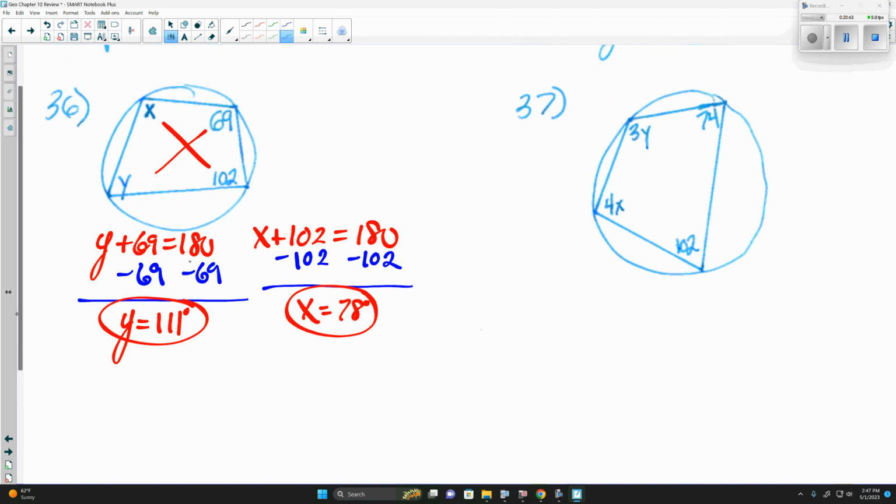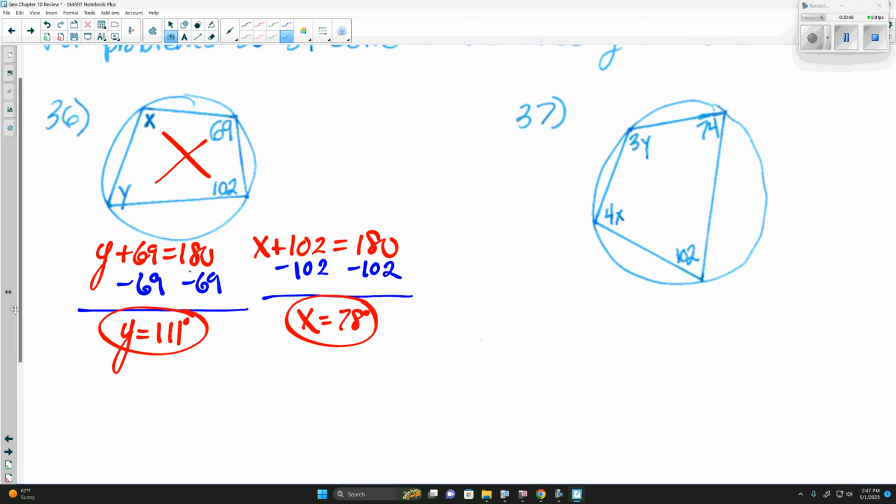Any questions on this here? Any questions on 37? We good? Feel good about these here? Because 37 would be the exact same thing, except it would be 4x plus 47 is equal to 180.